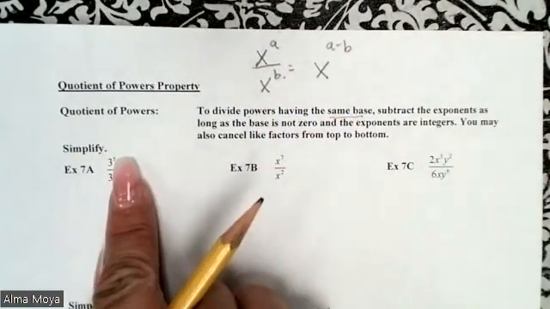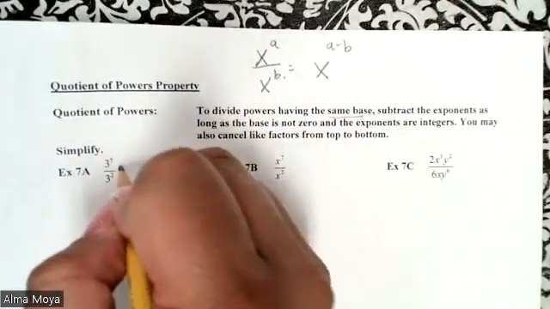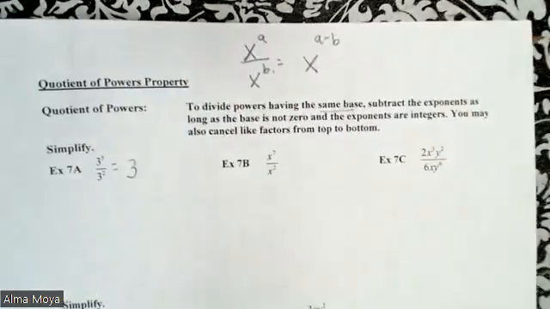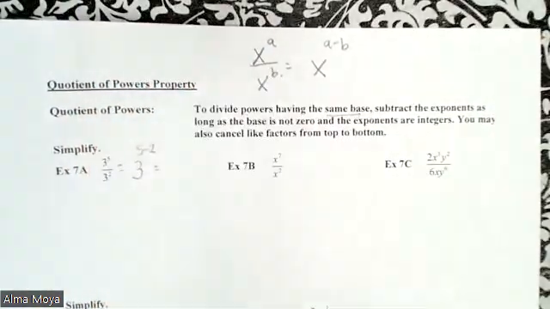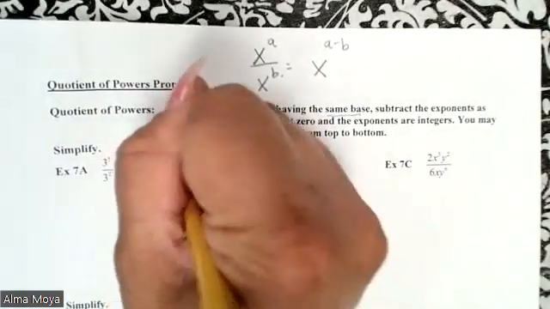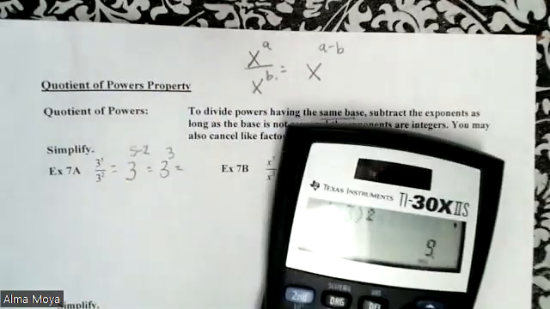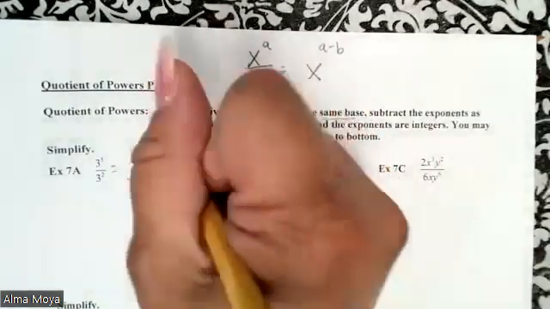So right here, you have 3 to the 5th over 3 squared. Since they are both base 3, I'm going to keep the base 3. Now I'm going to take the top power 5 and subtract the bottom power 2. And 5 minus 2 is 3. And 3 to the 3rd power equals 27.